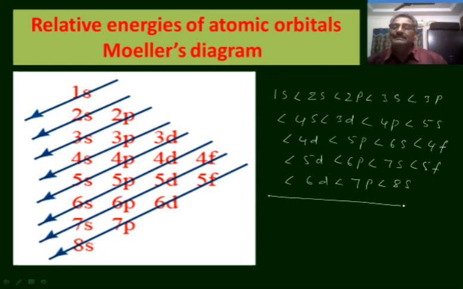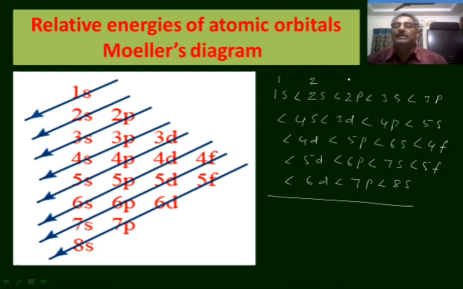This is the order of energies of various orbitals according to Aufbau's diagram. From the values of n plus l also, we get the same order. For 1s orbital, the n plus l value is 1. For 2s orbital, the n plus l value is 2.